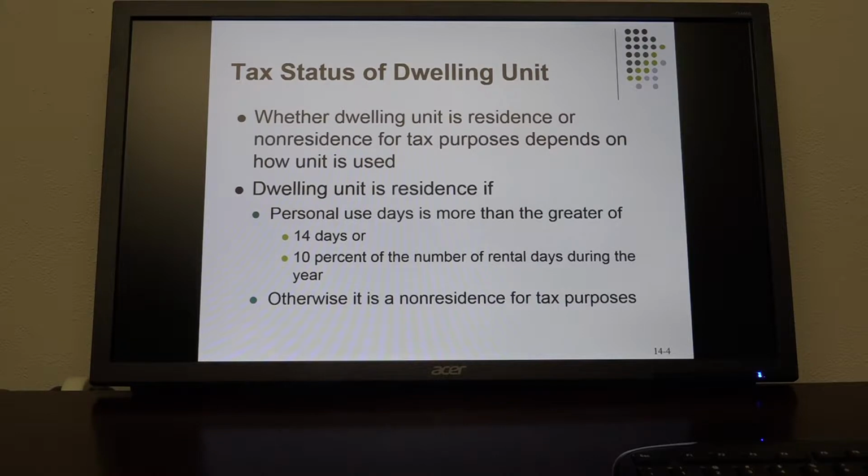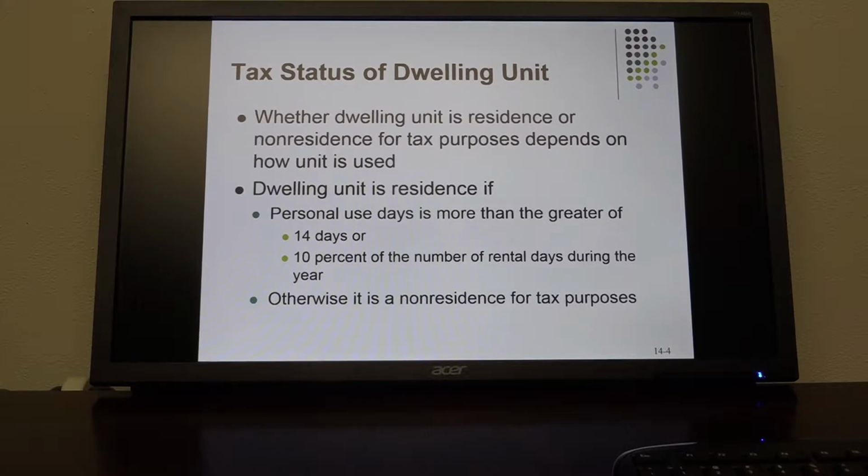So as long as the owner, and we'll look at some other things, it's not just exclusive to the owner, it's family and some other things we'll look at here in a second. And the rent days are 140 or less, then as long as the owner is using it for personal use for 14 days, no problem.